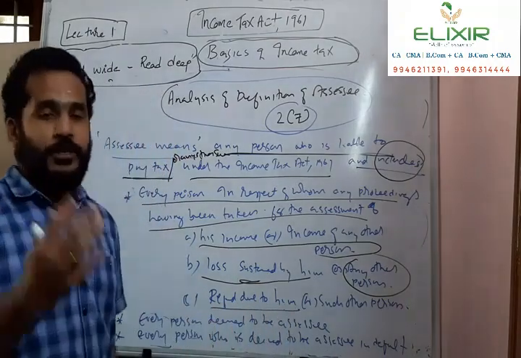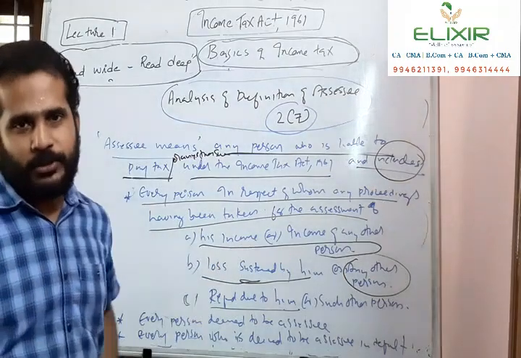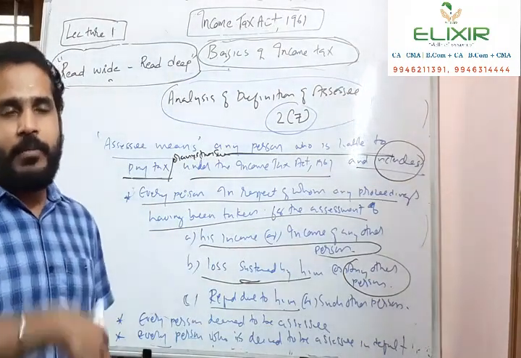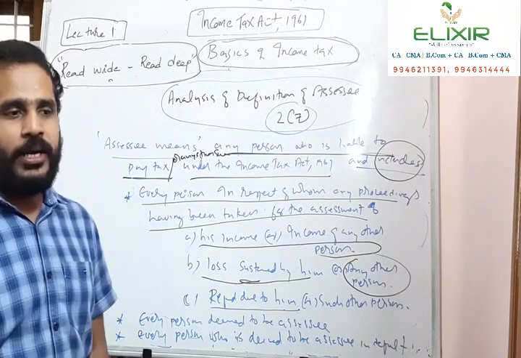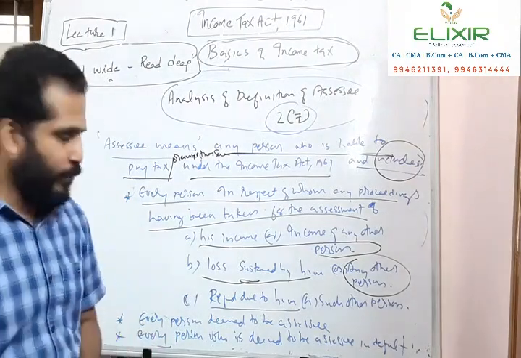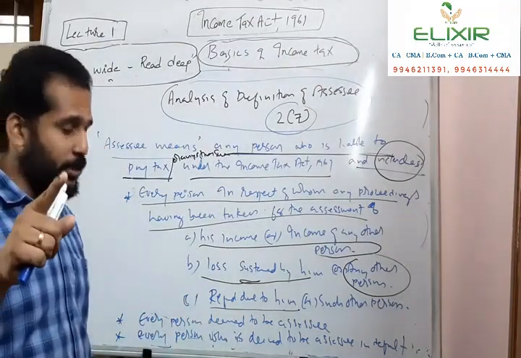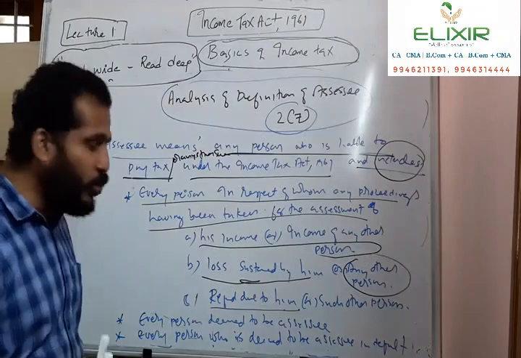So what is refund? If I pay more tax than the required amount, if an excess amount has been remitted to the department, that excess amount will be refunded by the department, including interest. That excess part is called the refund due to the assessee.